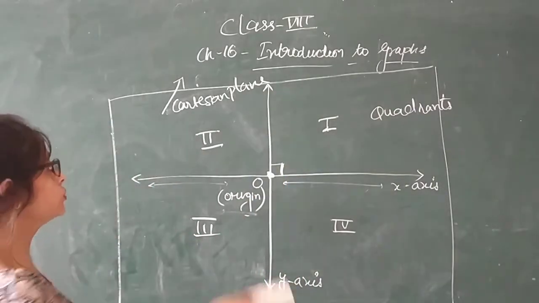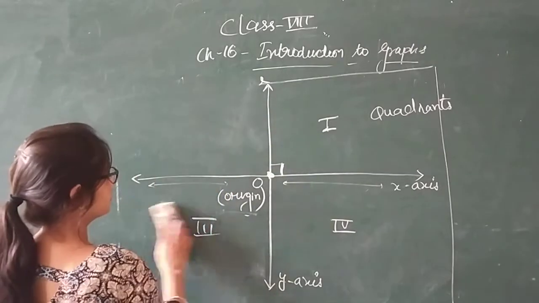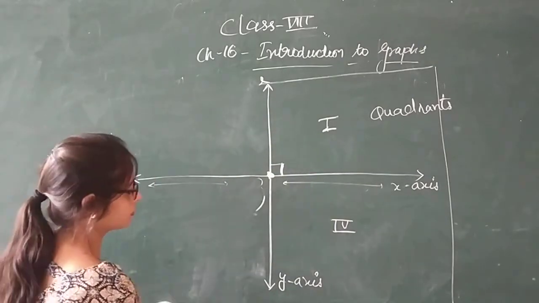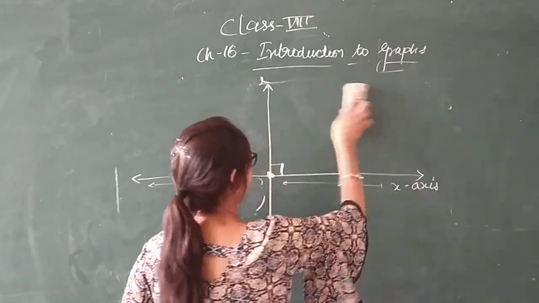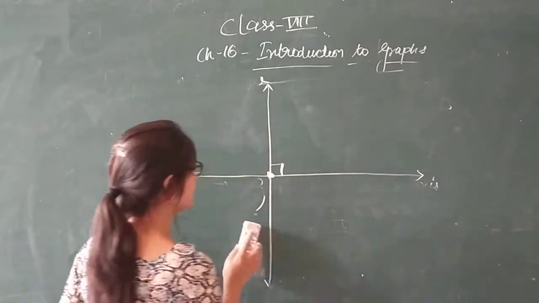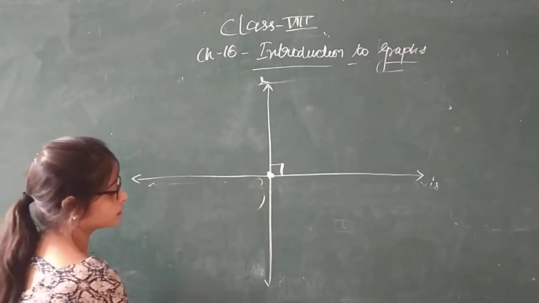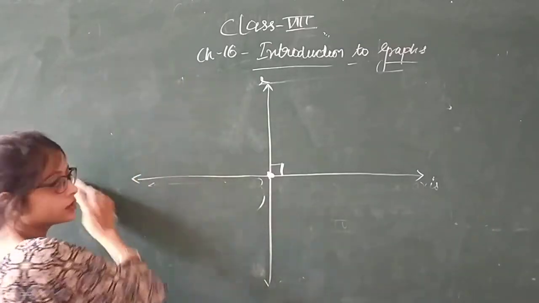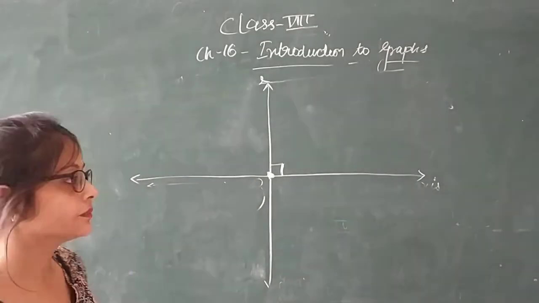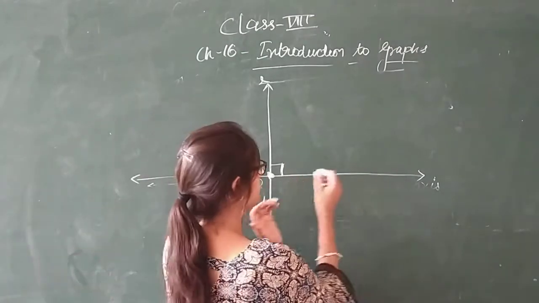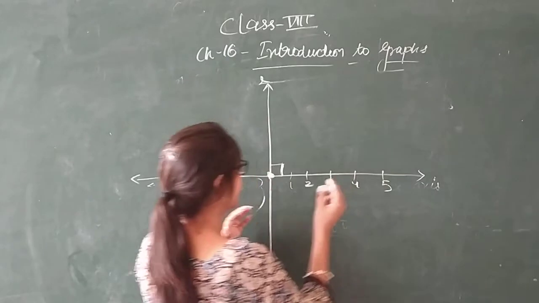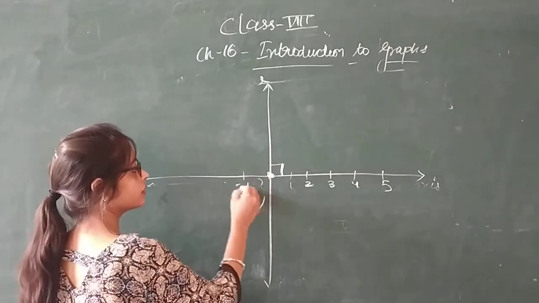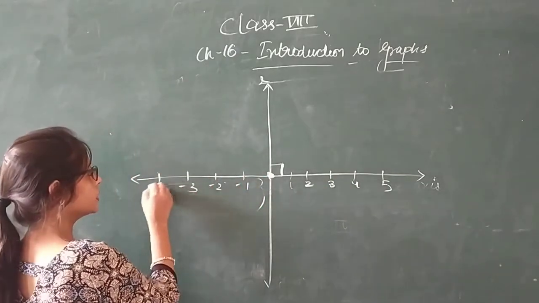Now we will do more terms. As I have discussed about the number line, on the right side there are positive numbers, and on the left side there are negative numbers.